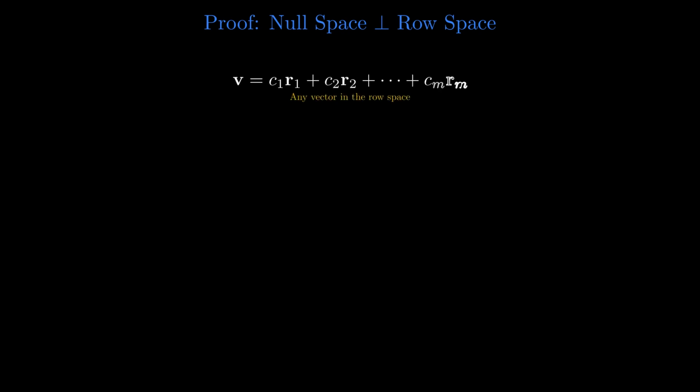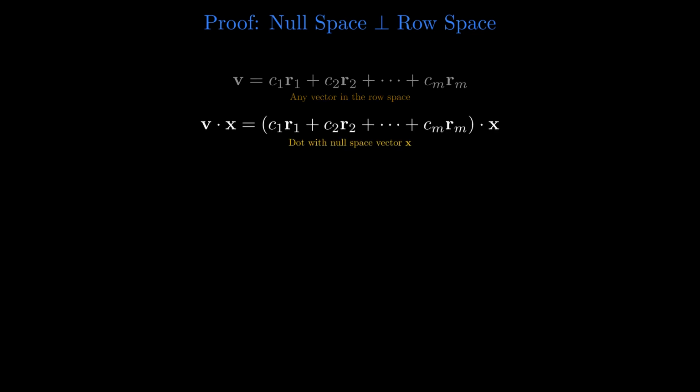Here's why. Any vector v in the row space can be written as a linear combination, c1 times row 1 plus c2 times row 2, and so on, up to cm times row m. Now take the dot product of this combination with a null space vector x and distribute the dot product across the sum.